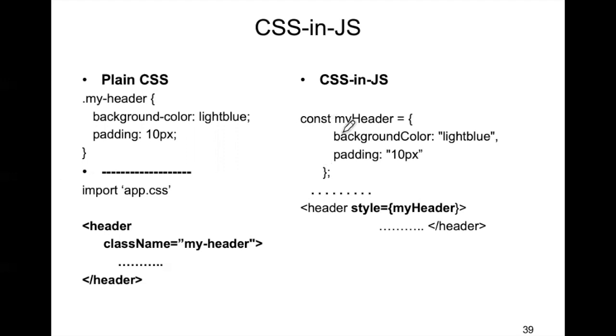And to apply that CSS to a JSX element, I use the style attribute, and I simply refer to the object that I've defined up here. Because I'm embedding a variable in my JSX, I wrap the variable name in curly braces as before. And that has the exact same effect as what we see on the left.